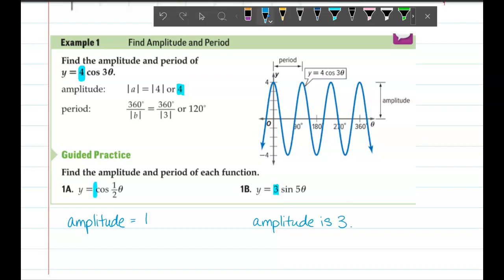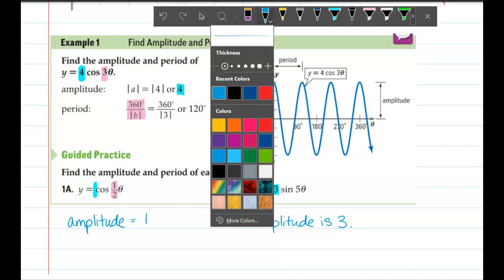Talking about the period, we look at the coefficient of theta. So now we're inside the function here, and we're looking at that number there. And we basically just follow this formula, 360 degrees divided by the absolute value of b. Right here on 1a, b is 1/2.